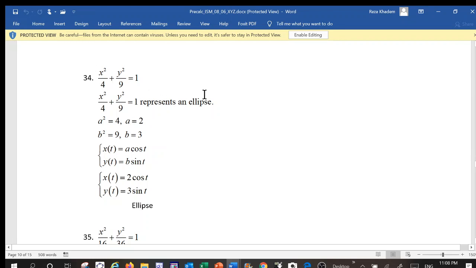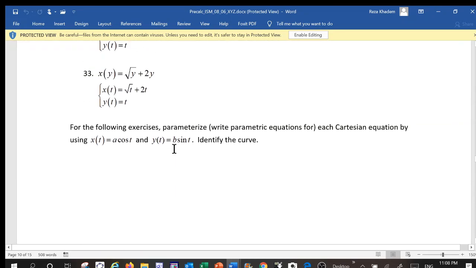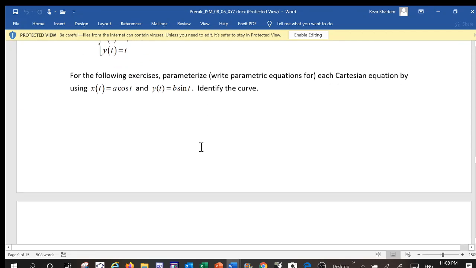Now in a future chapter, we're going to talk about conic sections: ellipses, circles, hyperbolas, parabolas. But for now, this is the shape of an ellipse in rectangular form. So when you convert it, you can easily convert it. How do you convert it? Well, we are told what to do. We are told that we have to use a cosine t and b sine t, right?